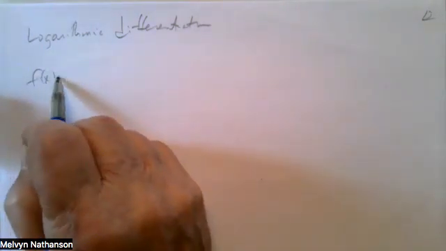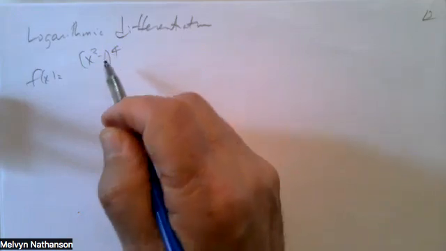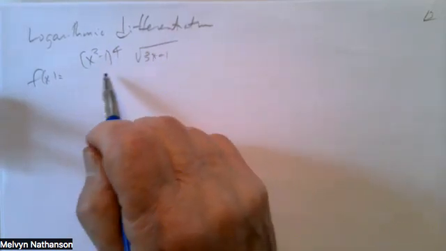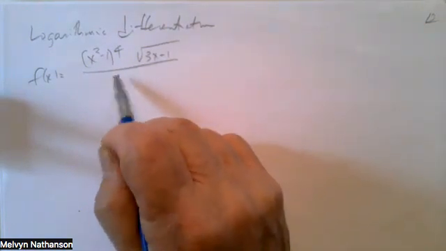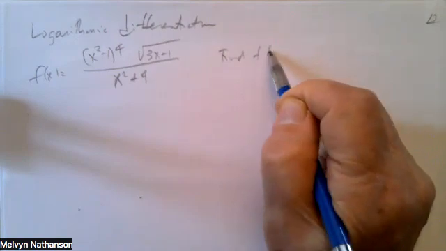So suppose we have an expression like f of x equals x cubed minus 1 to the 4th square root of 3x minus 1 over x squared plus 4, and we want to find f prime of x.